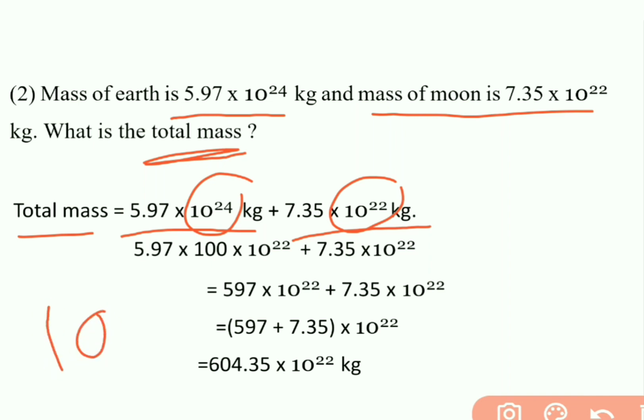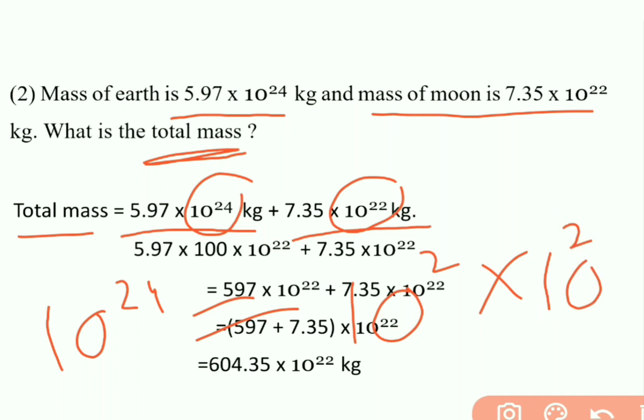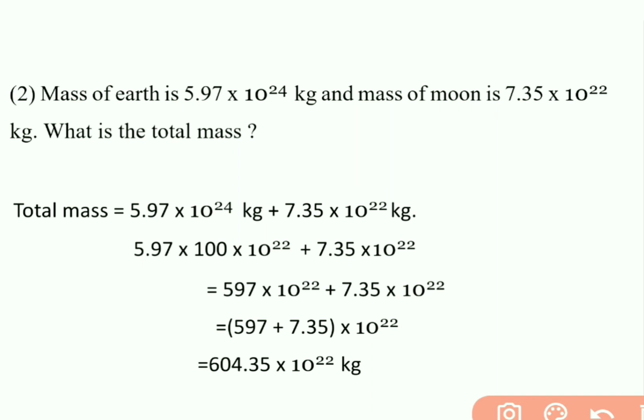10 raised to the power 24 is equal to 10 raised to the power 2 into 10 raised to the power 22, and so 10 raised to the power 2 becomes 100, and you will see that on both sides of the plus you get the same exponent, that is 10 raised to the power 22.